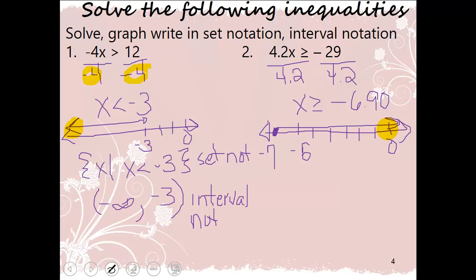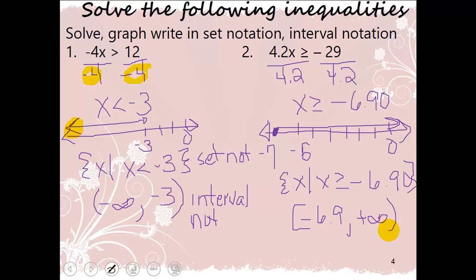So in set notation, it is all x's such that x is greater than or equal to negative 6.9. And then in interval notation, it will be bracket negative 6.9. It's a bracket because this includes that equal sign. And then off to positive infinity. There you go.